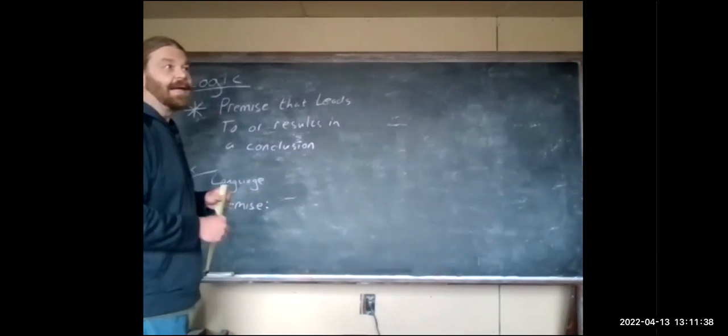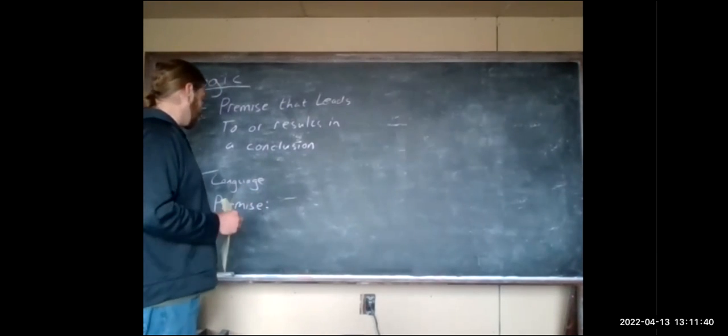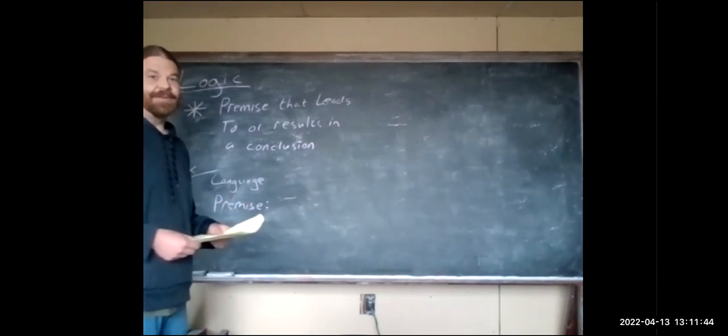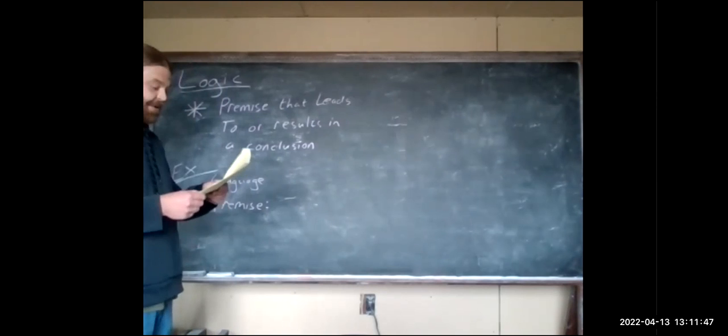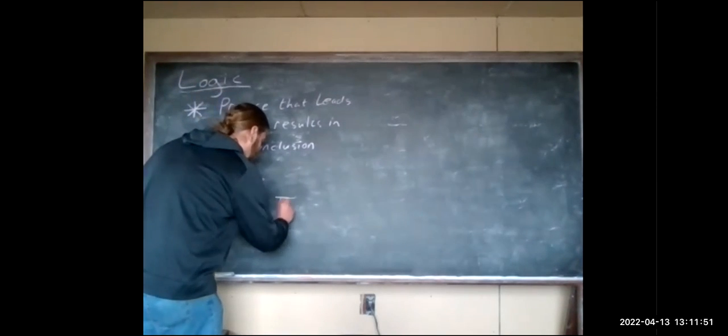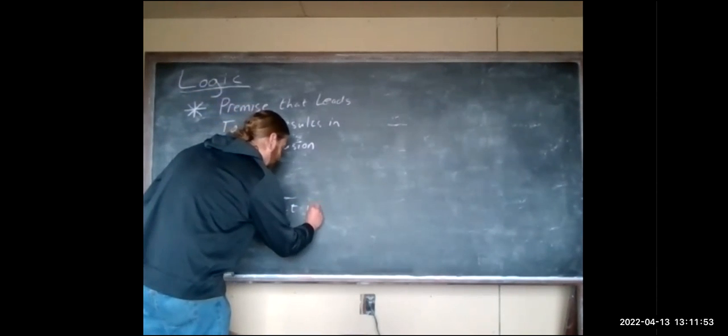That way it'll work for our example. So to keep our example simple, please give me a little leeway with the truth value on this particular premise conclusion set. So a premise might be, it is raining.